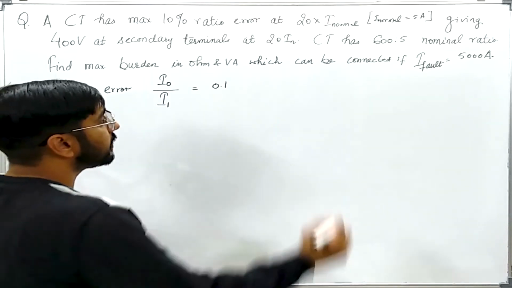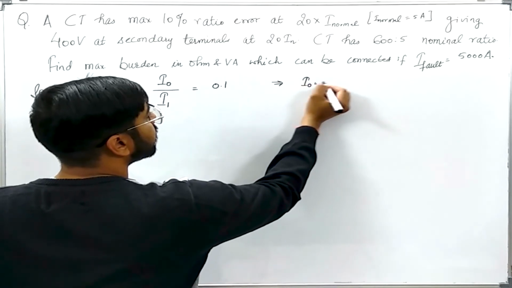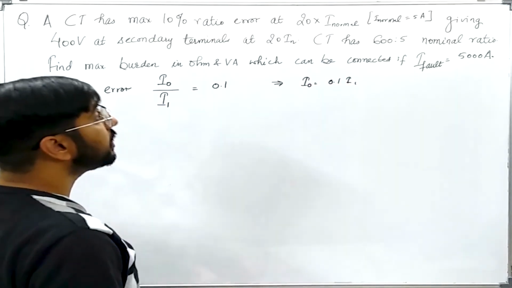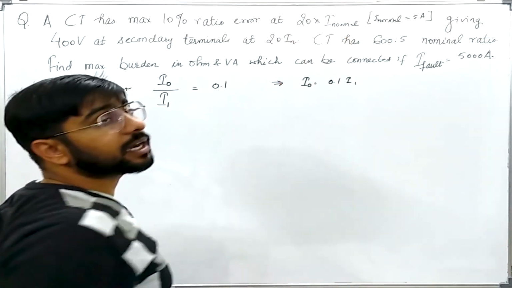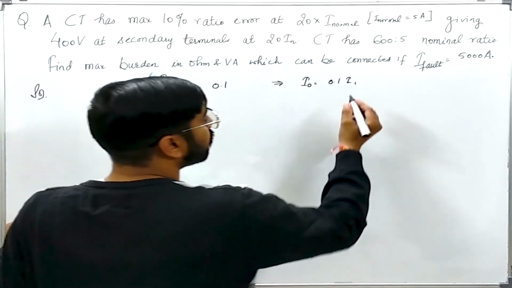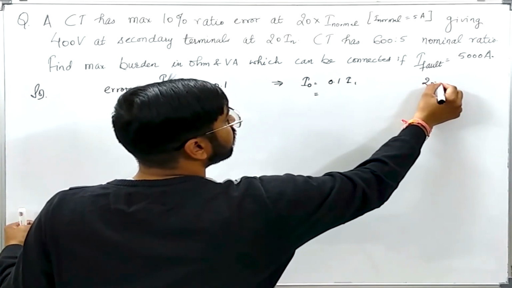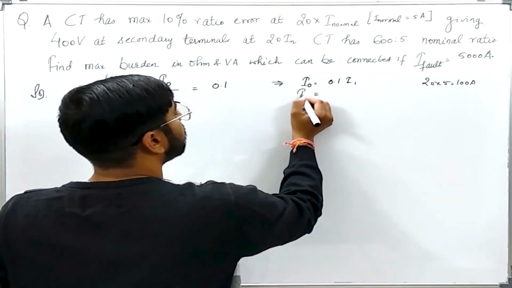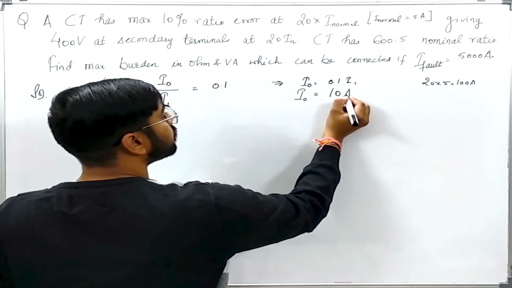So we know that the value of I naught is equal to 0.1 times of I1, at least at 20 times of the normal current. Now 20 times of normal current is 100 ampere, 20 into 5. So this I naught is equal to 10 ampere.